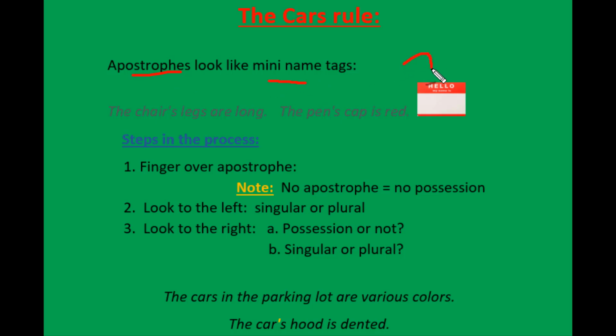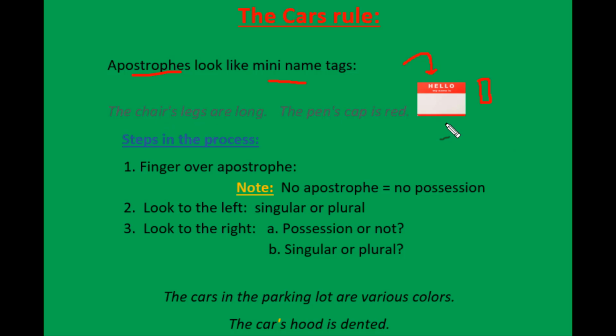If we were to take this mini name tag and turn it sideways and scrunch it down, it would look a lot like this. We know that if there's a name tag on something, somebody owns or possesses that object.